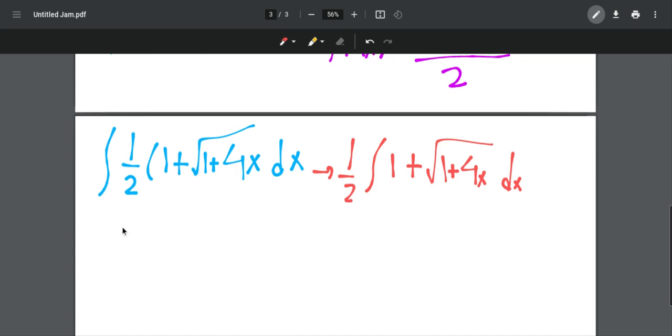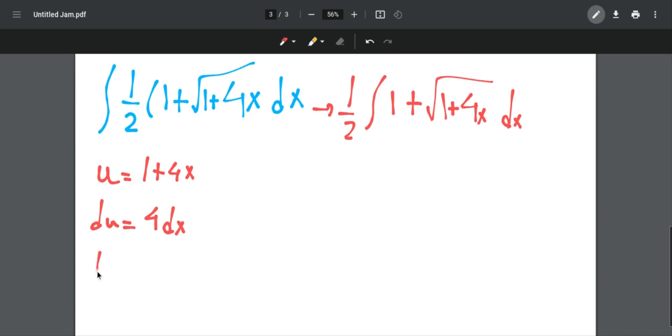And now I can use a u substitution. So I let u be equal to the inside of the square root, 1 plus 4x. When differentiating both sides, I get du is just 4 times dx. And if I want to solve for dx, it's easy, just divide both sides by 4. I get dx is equal to du over 4.